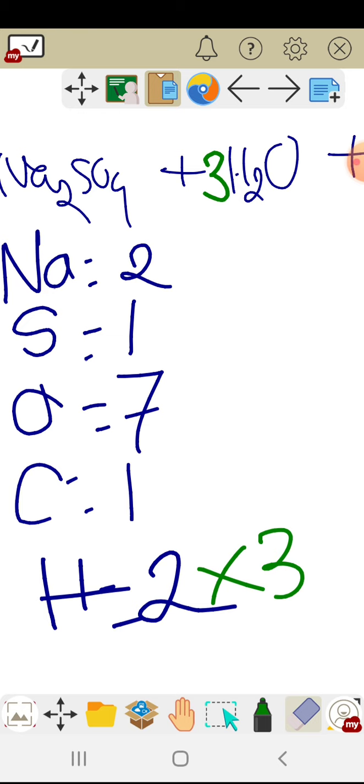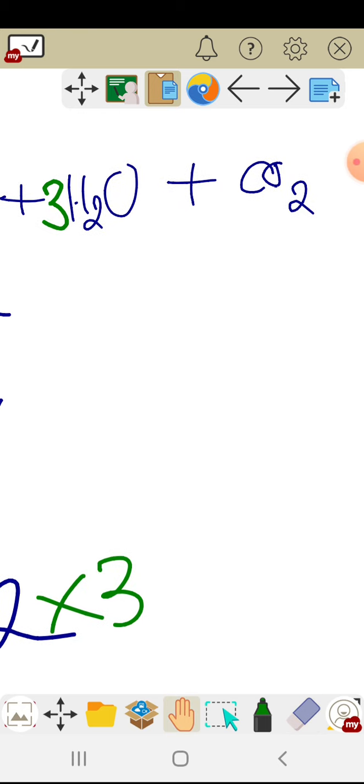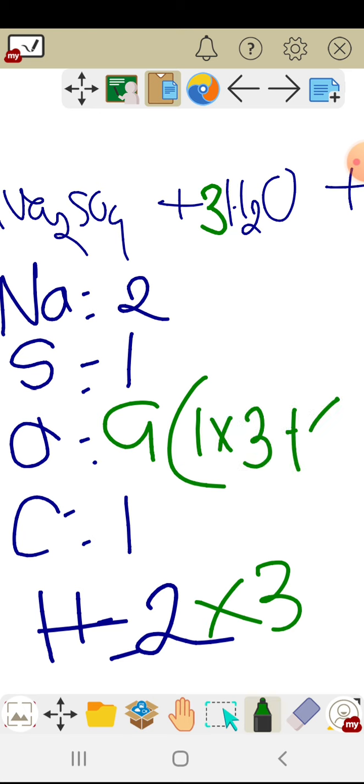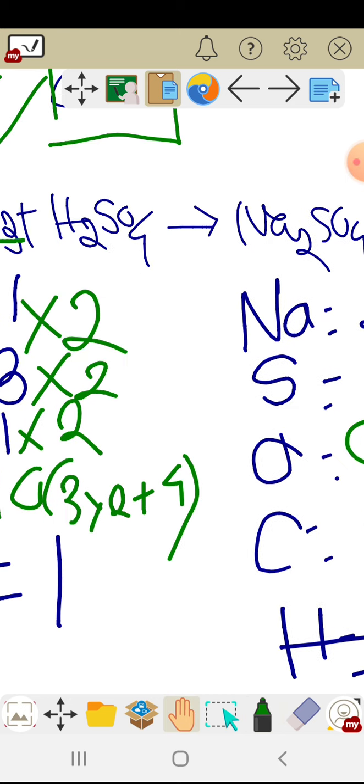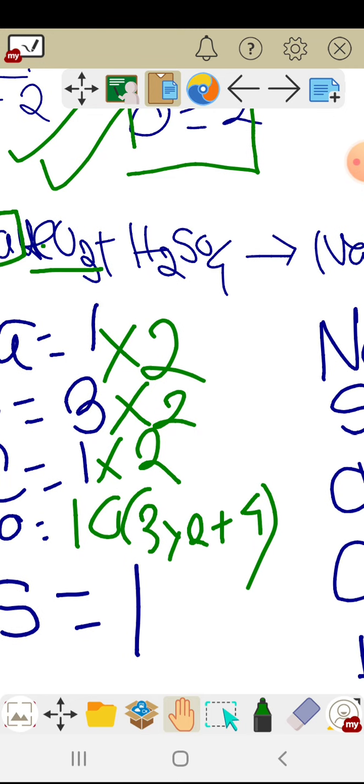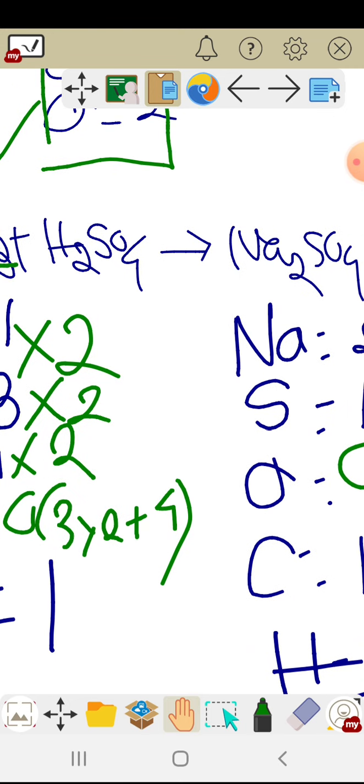So 4 plus 3 is already 7 plus 2, 9. So here again oxygen is becoming 9. That means 1 into 3 plus 6. So oxygen is becoming 9. Oxygen was here 10. Something balancing needs to be done, right?